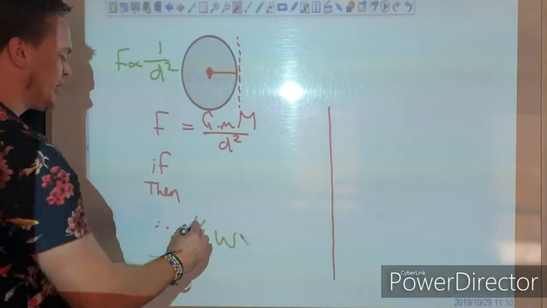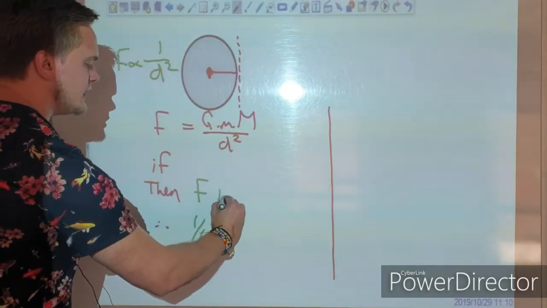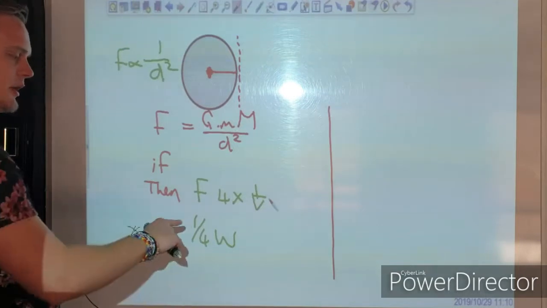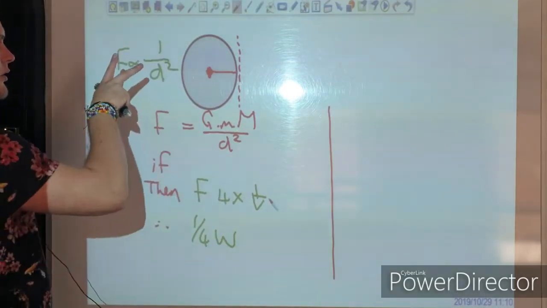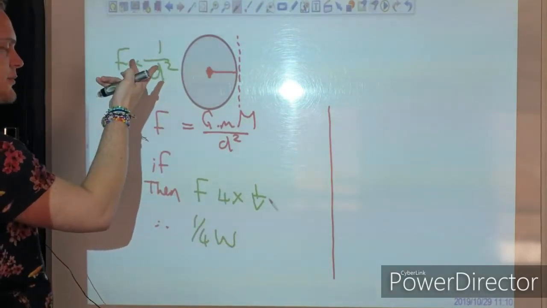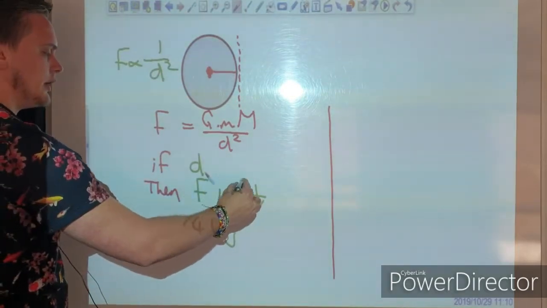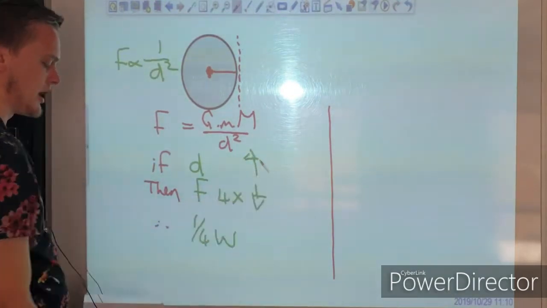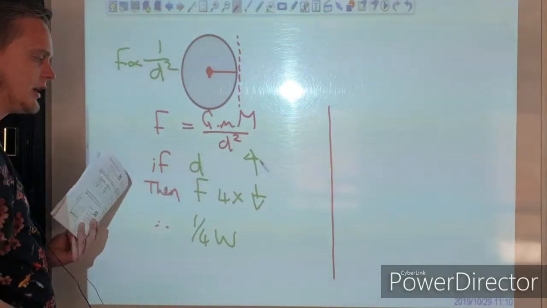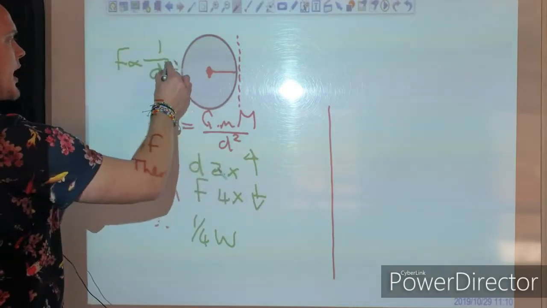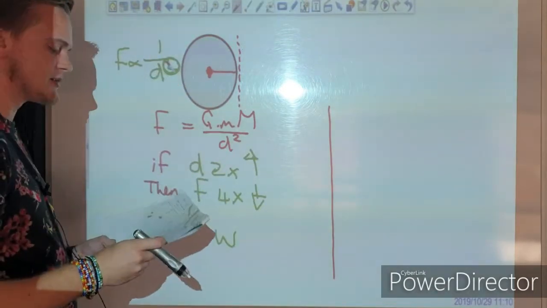So that means that the force decreased by 4. So now because of that inverse proportionality, what will happen to d? d will increase, but by how much? It will increase by 2, because remember we have a square.